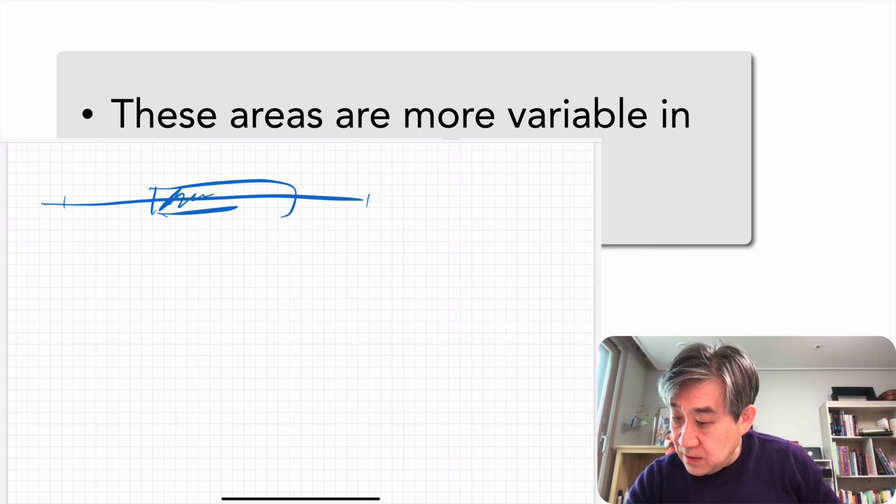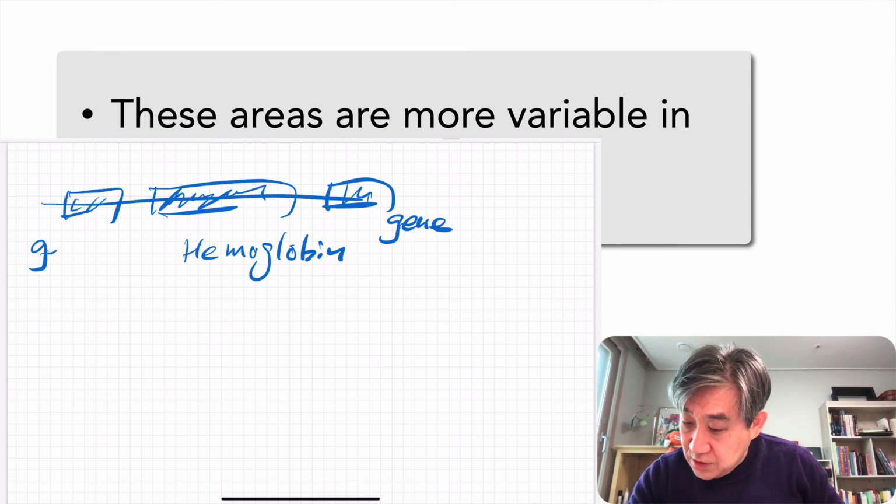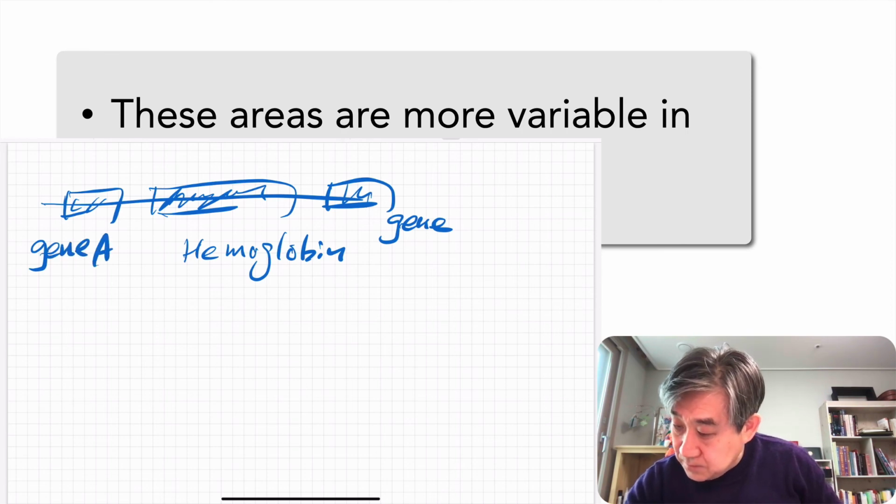Let's say there is an area where your hemoglobin gene is, and some other very important genes. So this is a gene-heavy area.